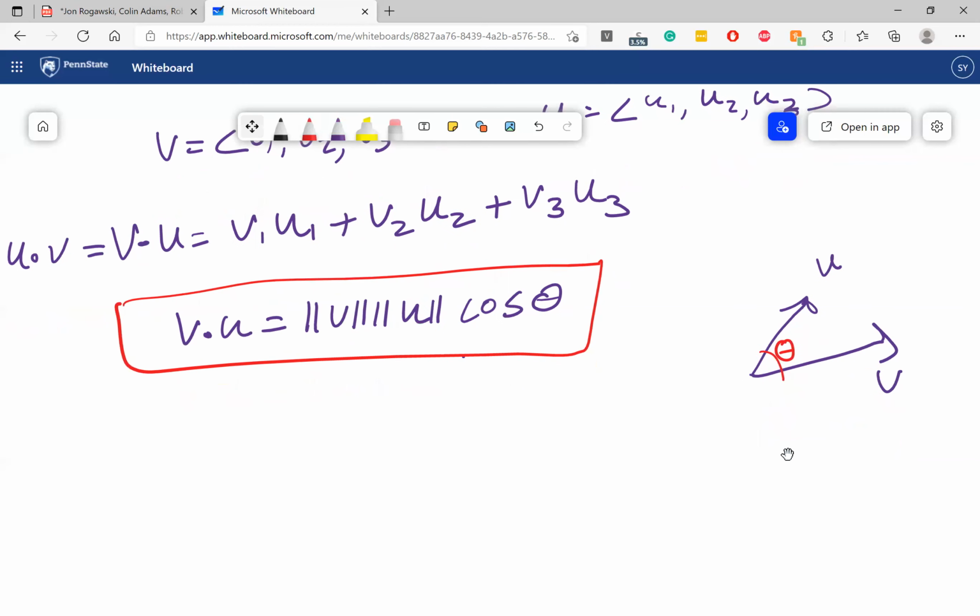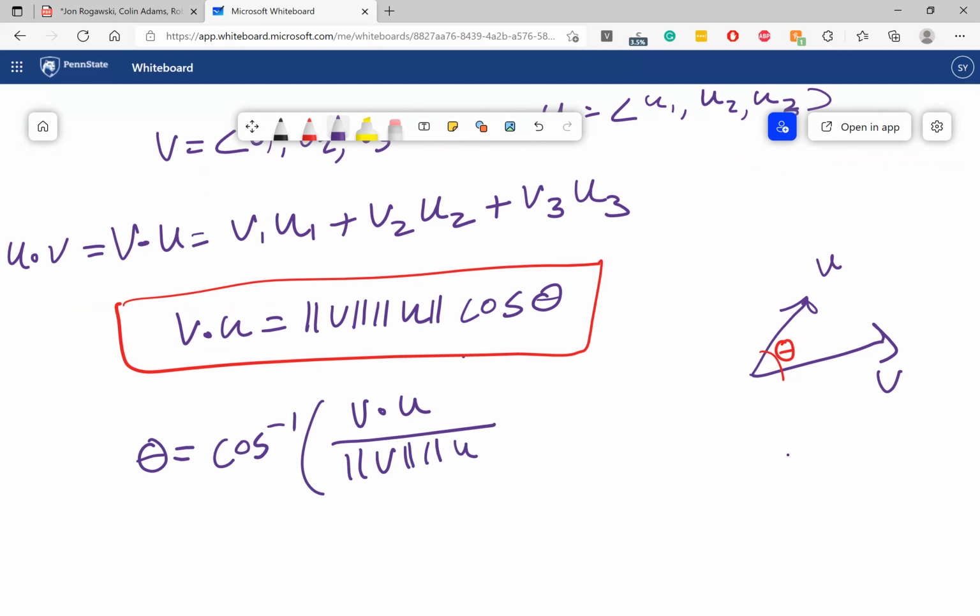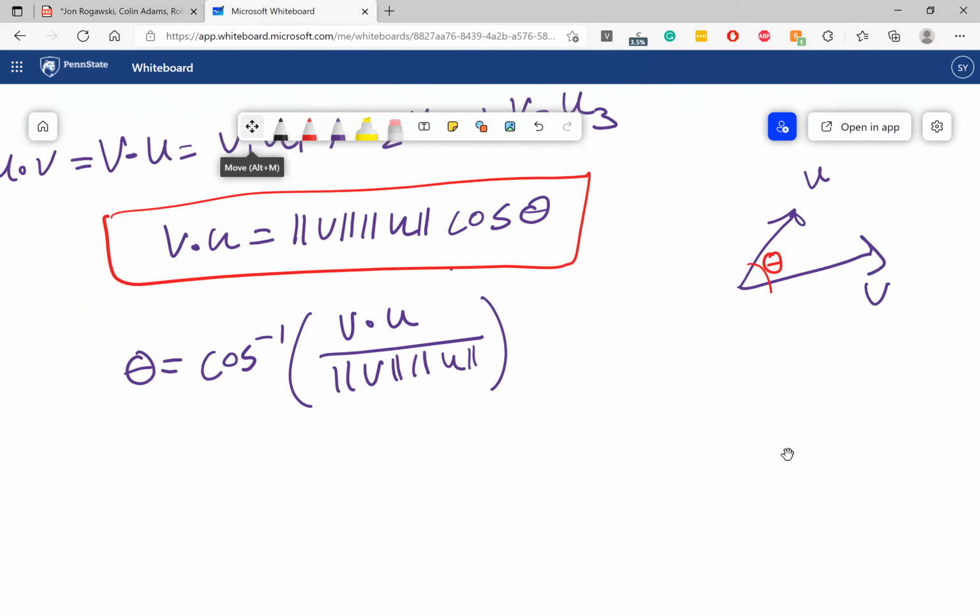And another way of writing this relationship is by saying that our angle is equal to cosine inverse of V dotted U over the magnitude of V times the magnitude of U, which is why if V and U are parallel, so if this is your V and this is your U, then the dot product between them, so V dotted with U, is going to be equal to 1.